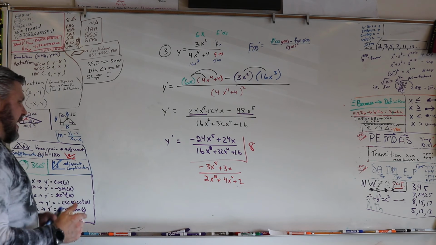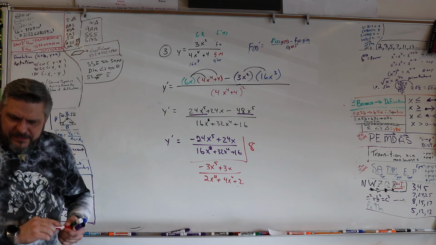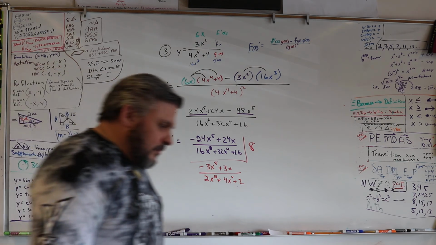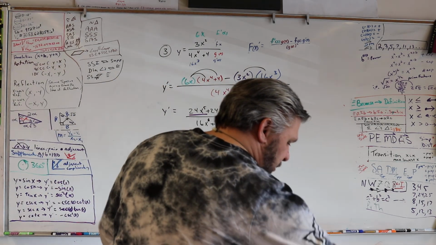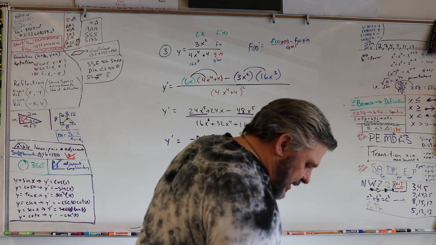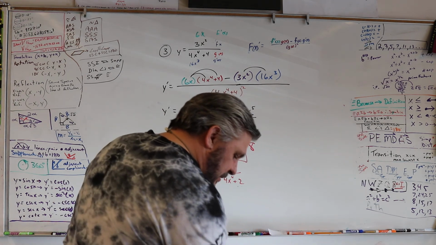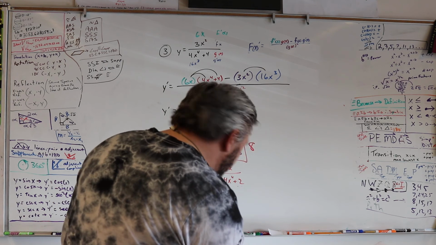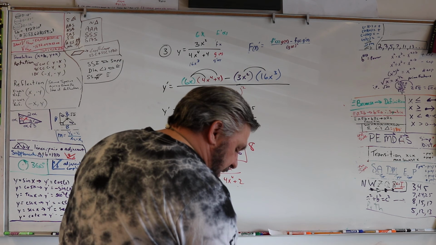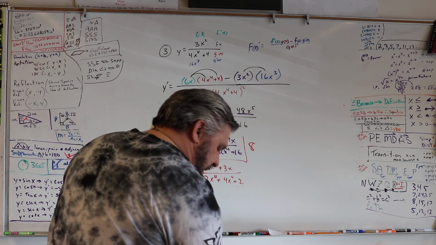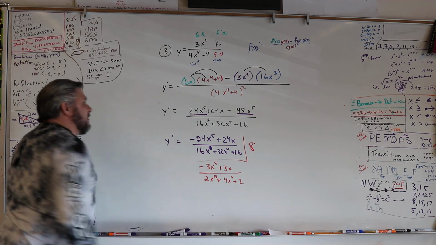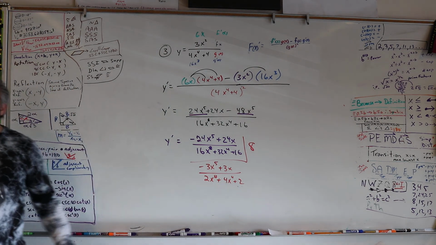Okay? And that might be the right answer. The way that I did it the last time was so cumbersome. So yep, negative 3x to the 5th plus 3x over 2x to the 8th plus 4x to the 4th plus 2. So right there, clean and simple, pretty easy.